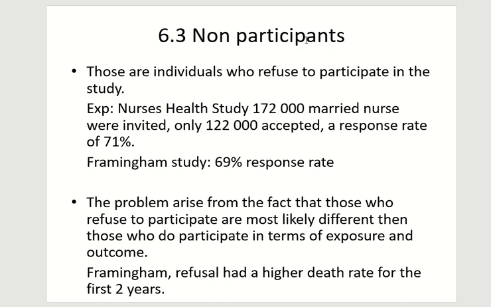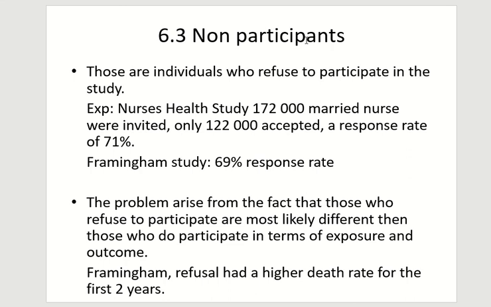That is why every time you're reading a study, you need to look at the response rate. That will give you an idea of what is happening in the study. So the problem arises from the fact that those who refuse to participate are most likely different than those who do participate in terms of exposure and outcome. In the Framingham study, refusal had a higher death rate for the first 2 years. Those that said no thank you, we don't want to participate, in the first 2 years they were dying at a higher rate.